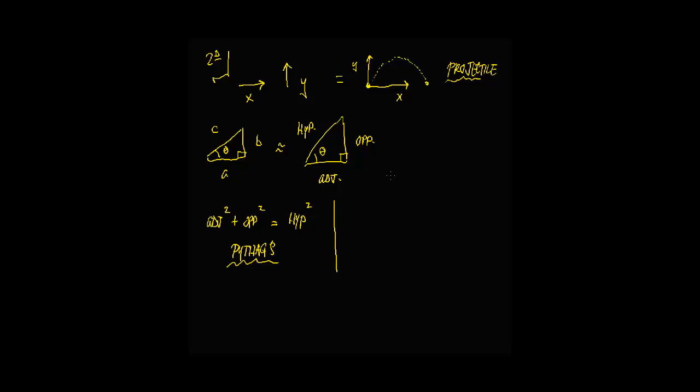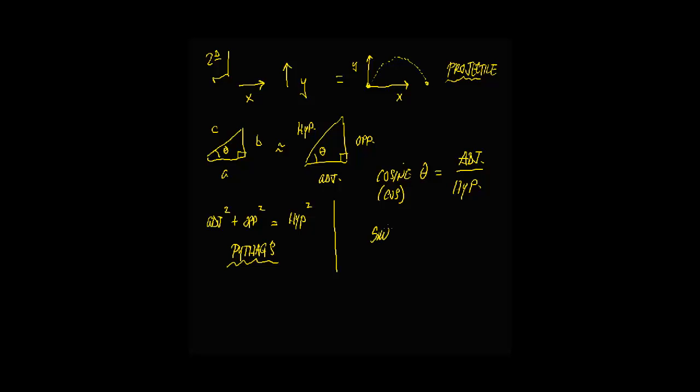Now the other way we can deal with this, if we know the angle, is to use trig functions. Trig functions are things like cosine, which many times you'll see as COS on your calculator. If we take the cosine of the angle, cosine of theta, it will equal the ratio of the adjacent side divided by the hypotenuse.